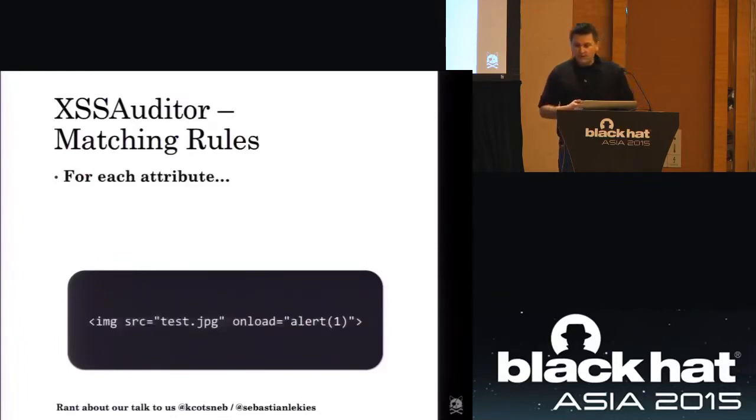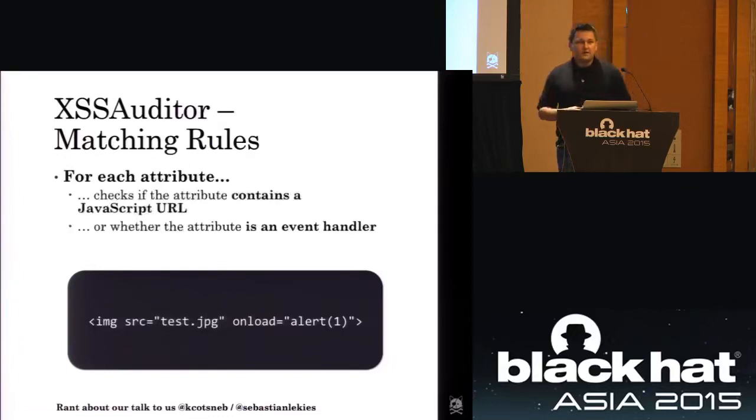The second rule applies for attributes, HTML attributes, and what the auditor does here is it first checks whether an attribute contains a JavaScript URL. So when parsing the document, it will find attribute nodes, and it will check for each attribute node whether it contains a JavaScript URL, so whether it starts with javascript:, or whether the attribute is an event handler, so whether it starts with the letters "on" and has at least 5 characters.